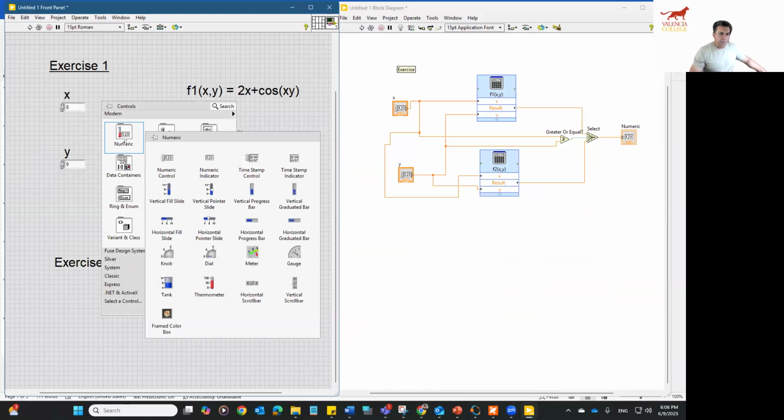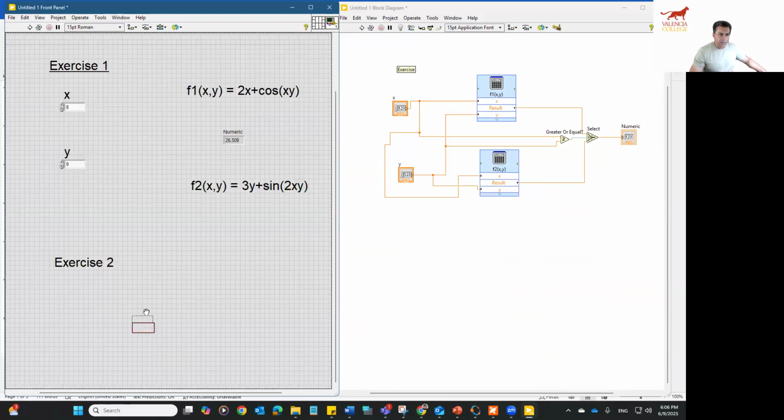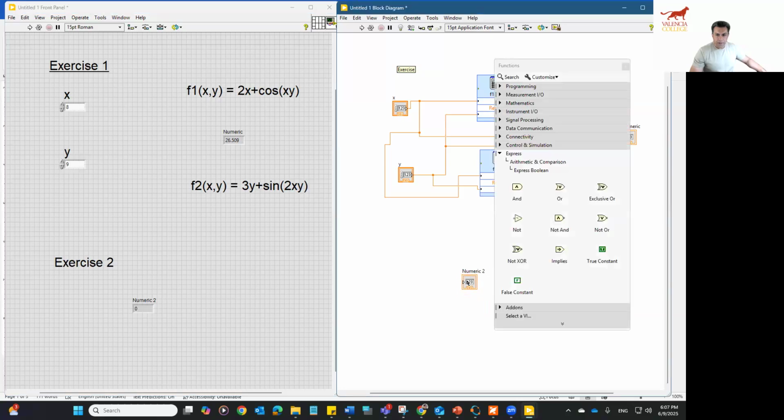So if I put a numeric indicator, and let me go back to my Express.